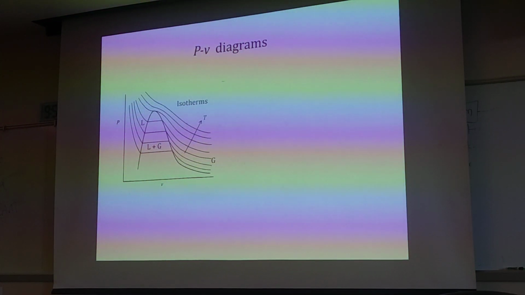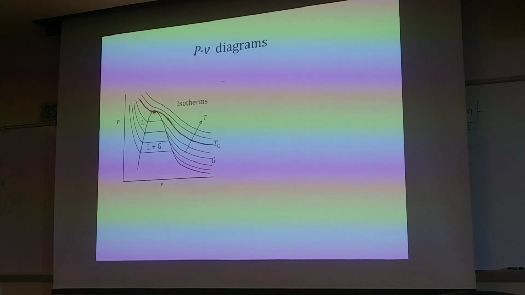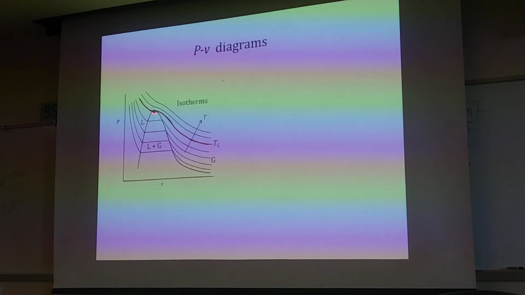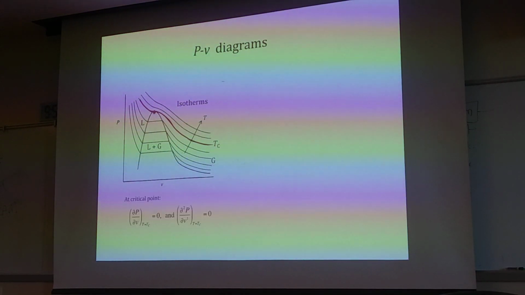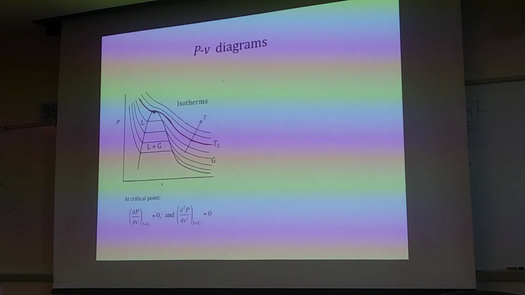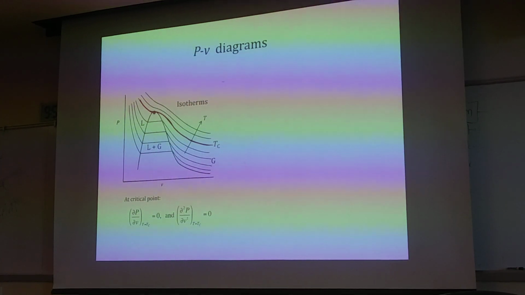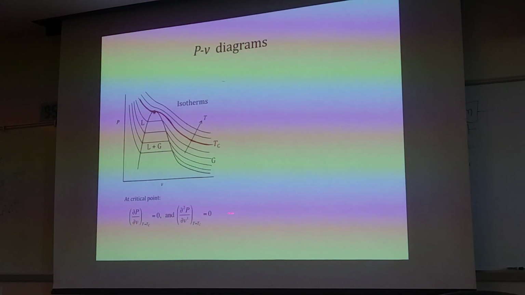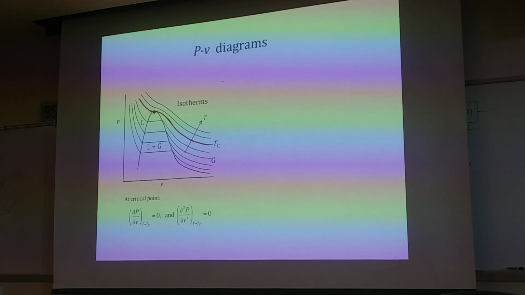We'll pay particular attention to the one that passes through the critical point, which is now at the top of this two-phase envelope. At that point, which is mathematically a point of inflection, both the first and second derivatives of the critical point isotherm are going to be 0. So the first derivative and second derivative are both 0, which turns out to be a very important aspect of this that we're going to make use of as we go forward.